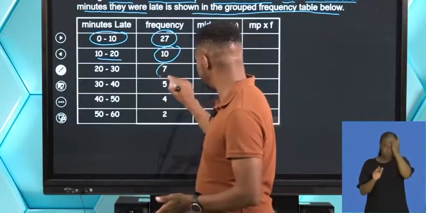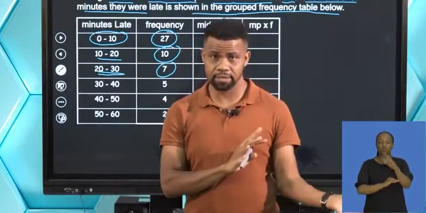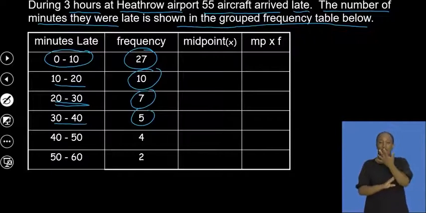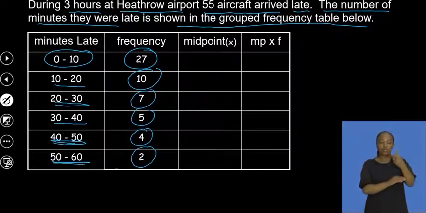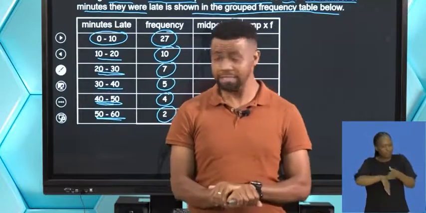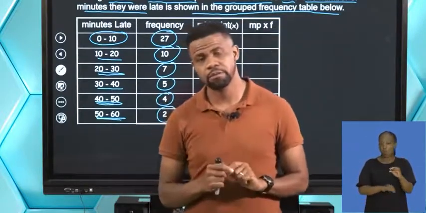And 7 between 20 and 30 minutes late. 5 by 30 to 40 minutes. 4 by 40 to 50 minutes late. And 2 by 50 to 60 minutes late. I mean, 50 to 60 minutes implies you're going to wait for an hour. That's too late, actually. Even 40 to 50 minutes late is just too much for an aircraft.